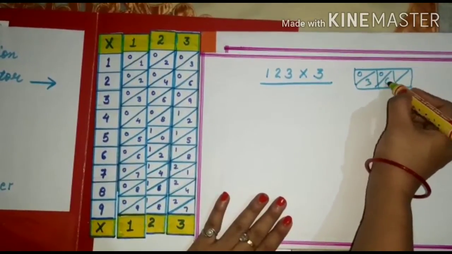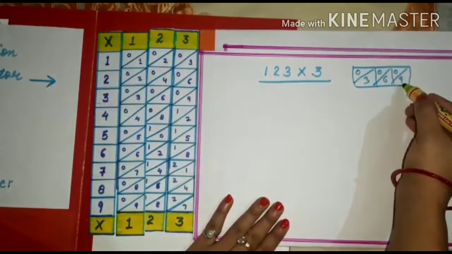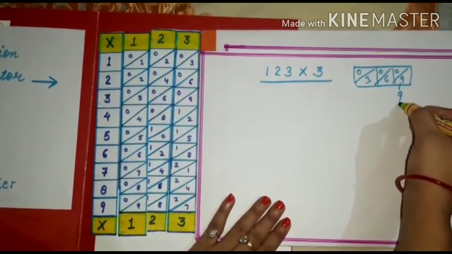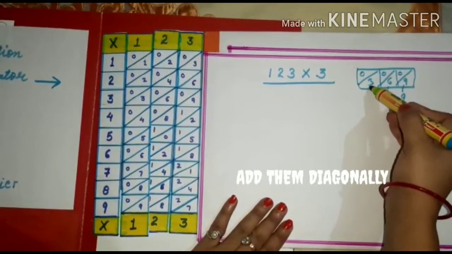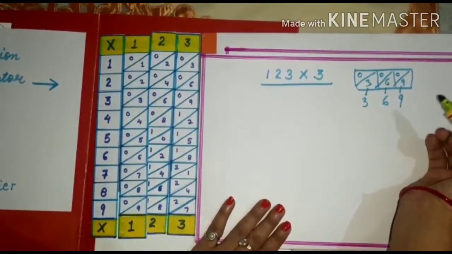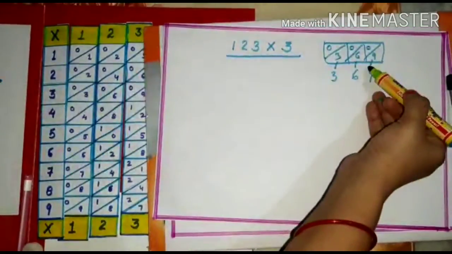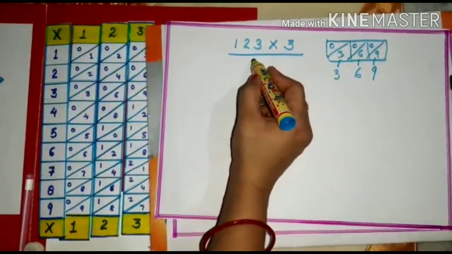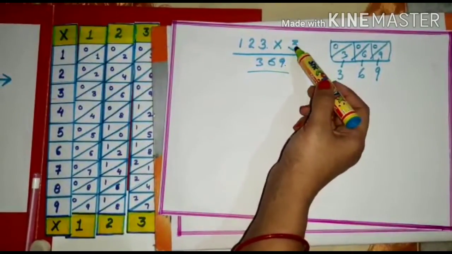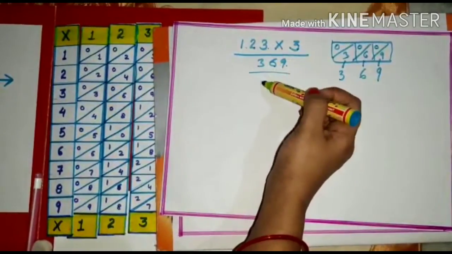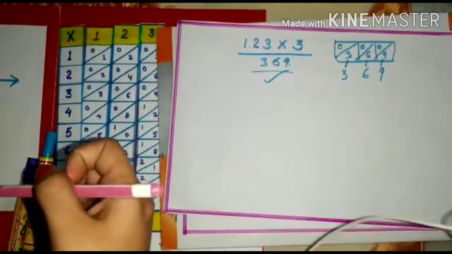Now what we have to do is add them diagonally. 9, 0 plus 6 is 6, 0 plus 3 is 3. The sum comes out to be 9, 6 and 3. This is our answer. You may check: 3 into 3 is 9, 3 into 2 is 6, 3 into 1 is 3. Understood? Let's do a few more examples.